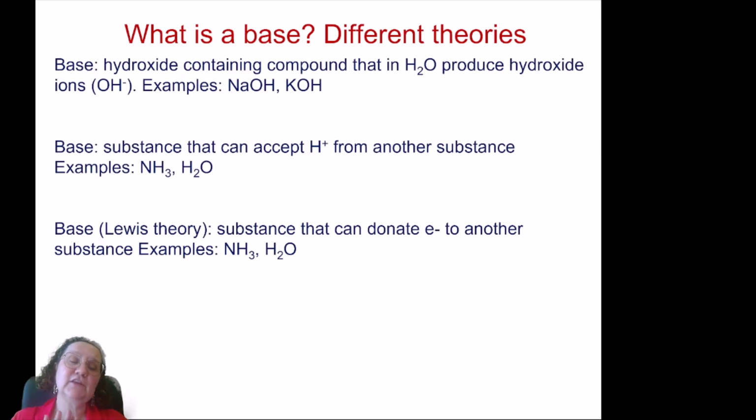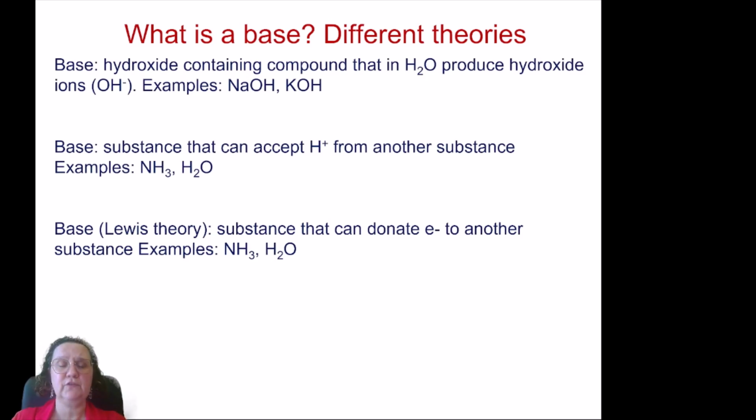And finally, there is a definition of base in the Lewis theory that says that a base is a substance that can donate electrons to another substance, the acid. And this is the most powerful, though not always the most useful, of all the definitions when you're doing especially water-based chemistry.